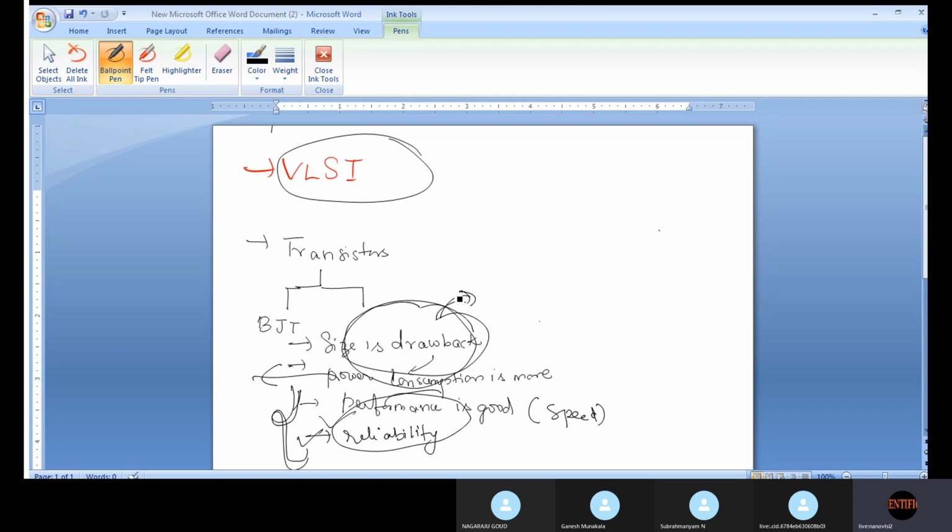That's why in the 1960s or 1970s, if we see the TVs or the radios or any electronic gadget, the size was big. They were in big size. The size was huge. That is the basic drawback.